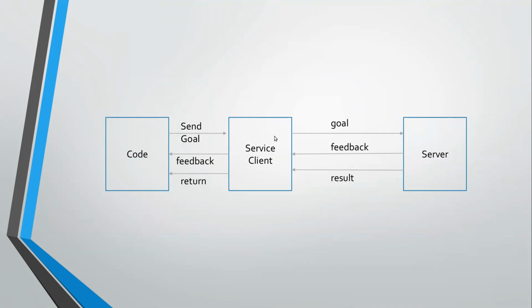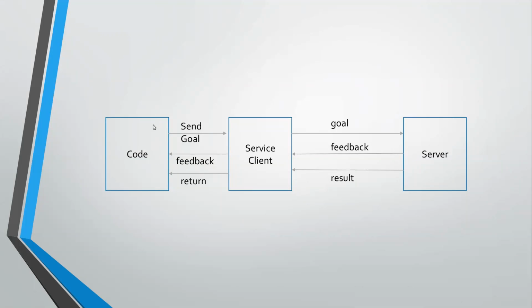Service client then sends the goal. The ROS message used here is called the goal, unlike request, which was used in the client server architecture. The action client sends a goal to the server and lets the server start the calculation.